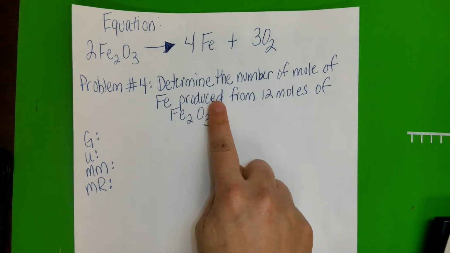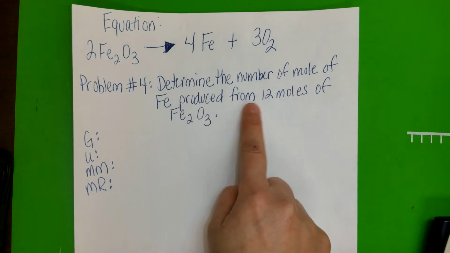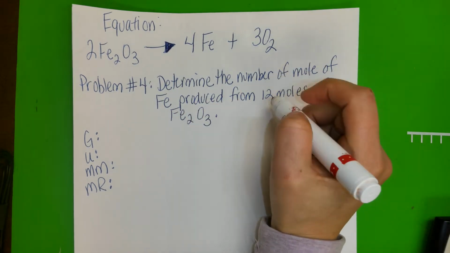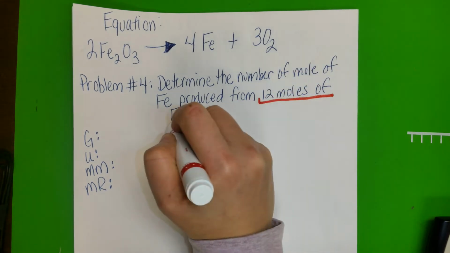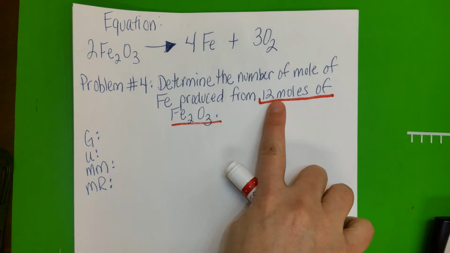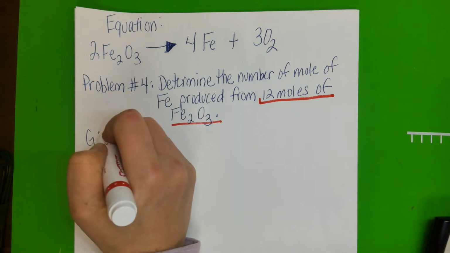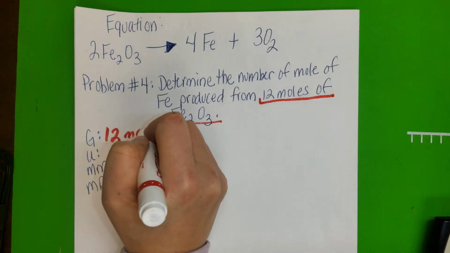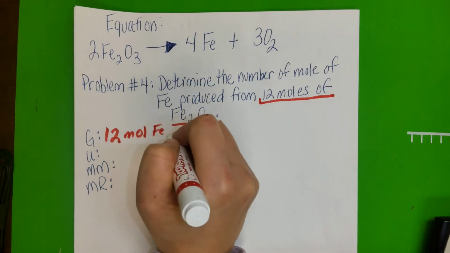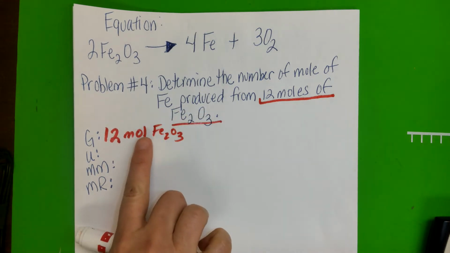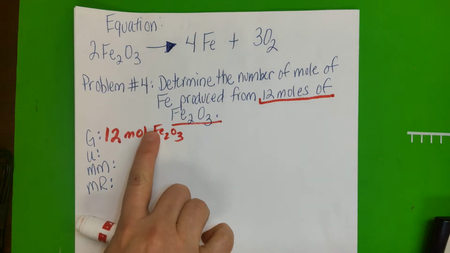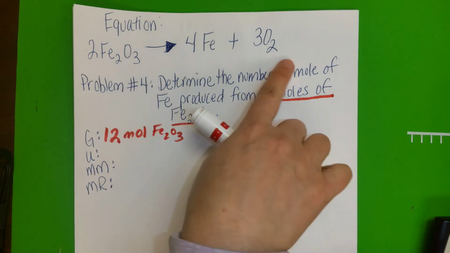How many moles of iron will be produced from 12 moles of iron oxide? That will be your given. So we will put the 12 moles of iron oxide. Now this is important so you can keep tabs on where you're going from here to here.